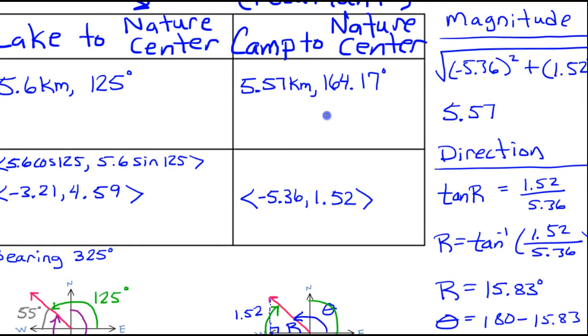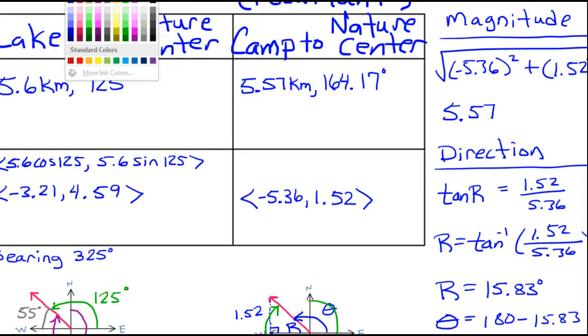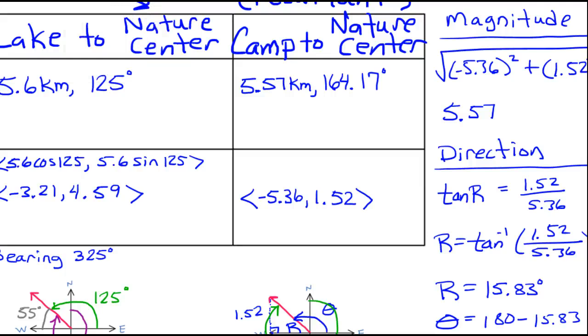So it's really another way of writing the answer, but this is the way that they're asking us to write it. So I like to keep my magnitude and direction together, so I'm going to re-copy the magnitude.